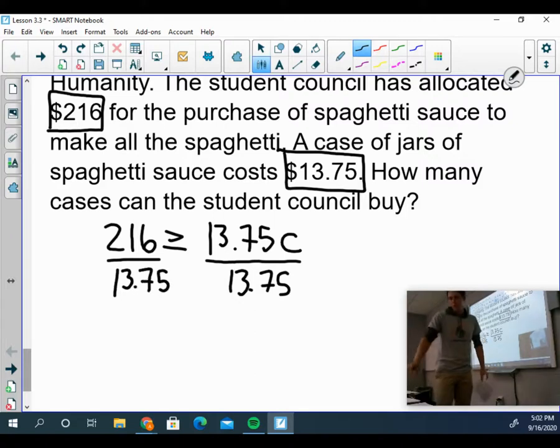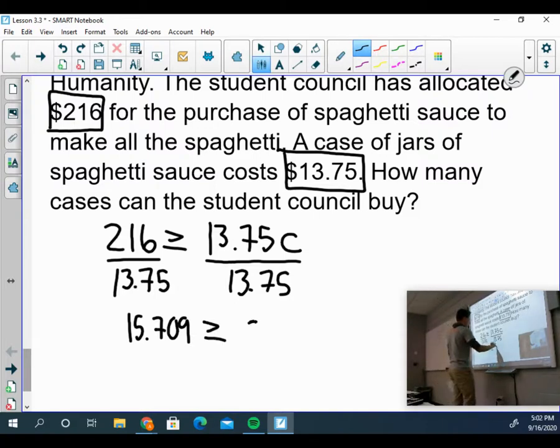When we do 216 divided by 13.75, we get a grand total of 15.709, and that's a rounded answer, is greater than or equal to C.